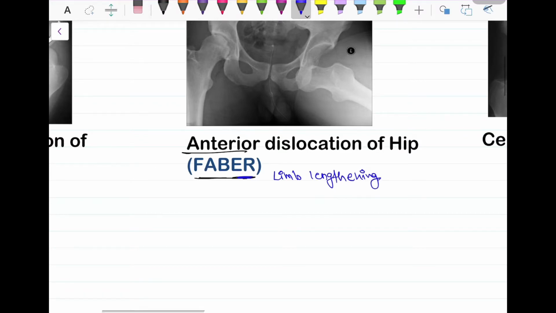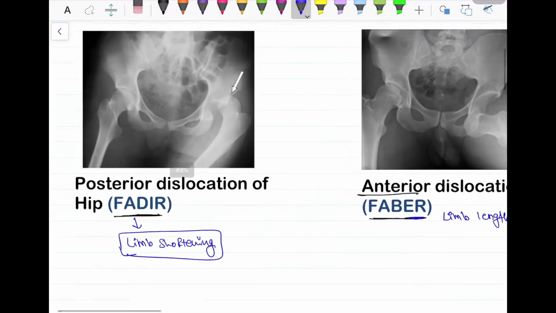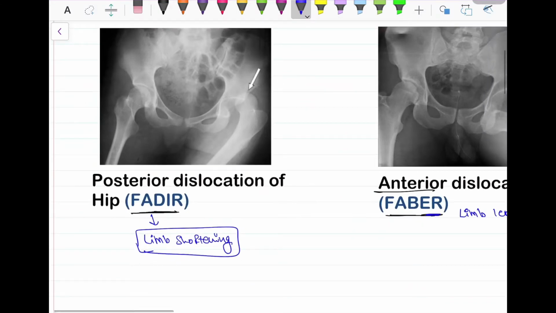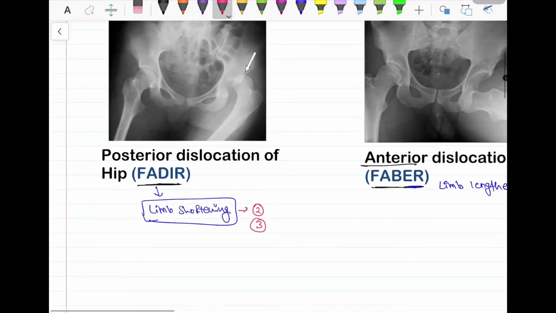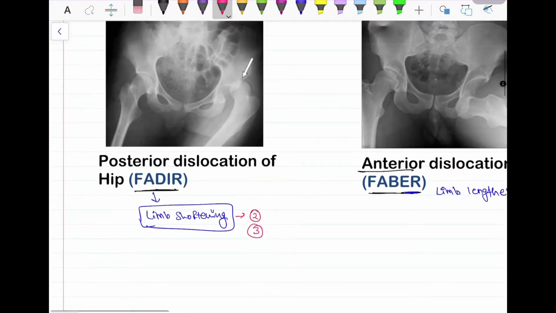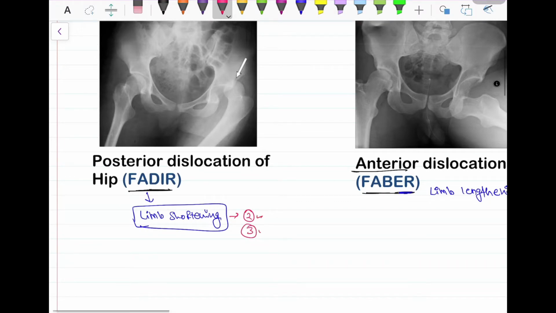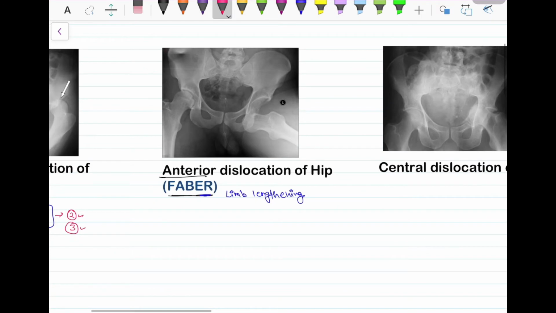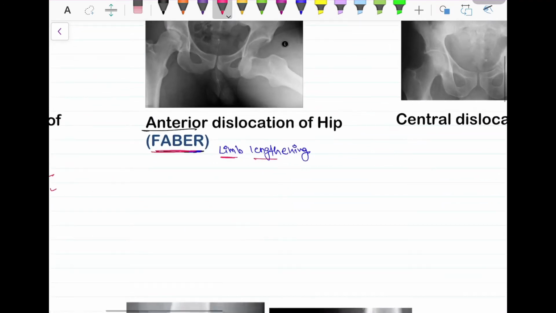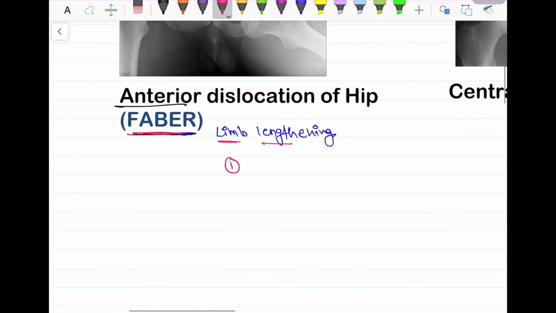If we correspond this to the tuberculosis of the hip, this limb shortening corresponds to stage 2 and stage 3 of the TB hip, that is stage of arthritis and stage of advanced arthritis. And anterior dislocation of the hip, where limb lengthening occurs, corresponds to stage 1 of the TB hip, that is stage of synovitis.